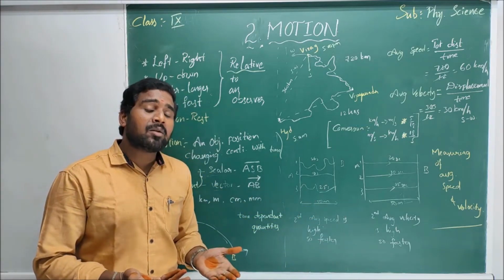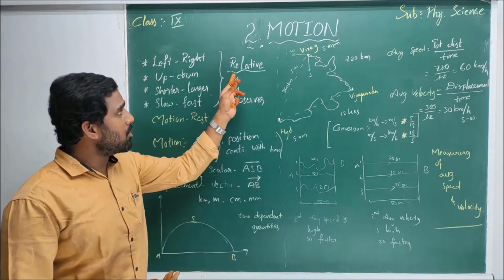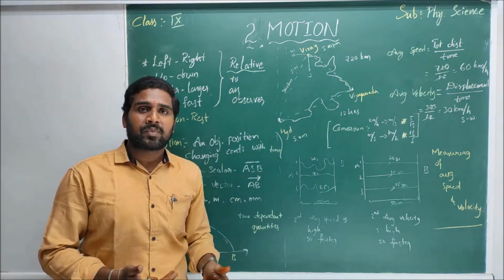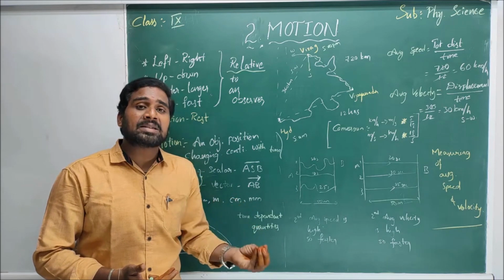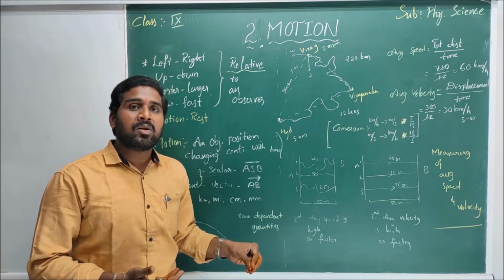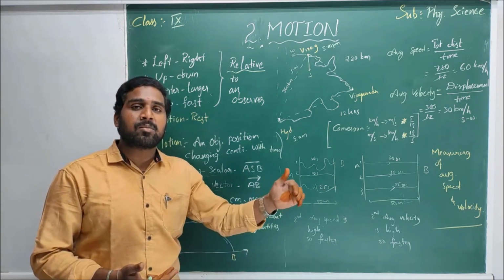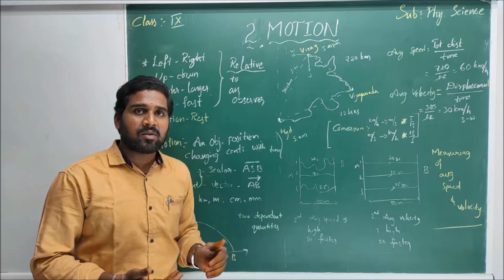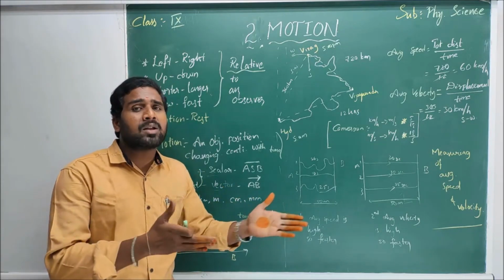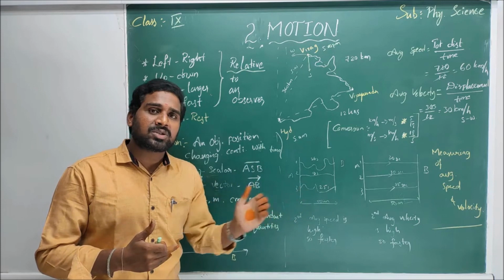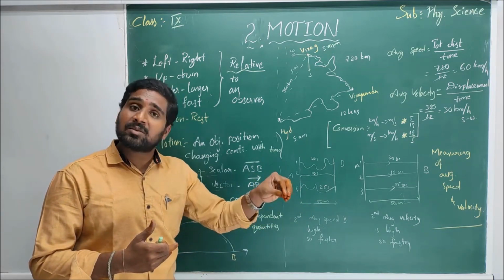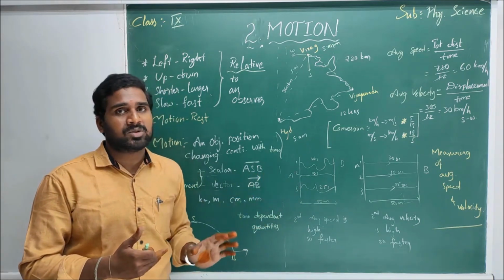How can we decide? Before going to that, we should know about the word relative. For better understanding of relative, we can first see a general, real-time example from our life. The people are in motion, the vehicles are in motion, the earth is in motion, and the moon is also in motion.